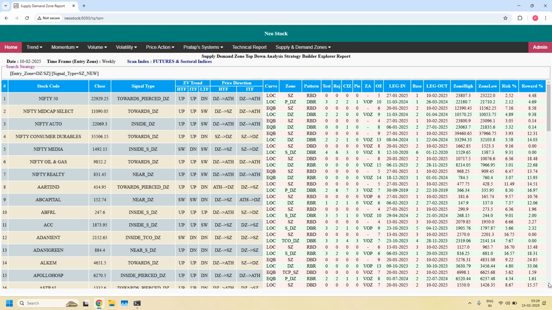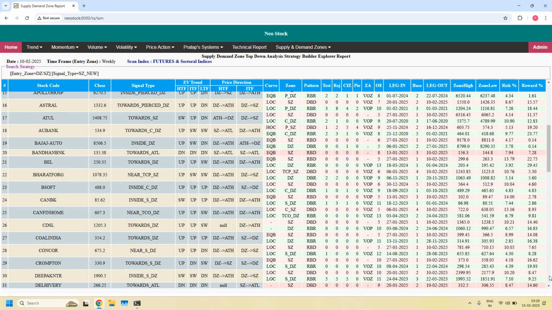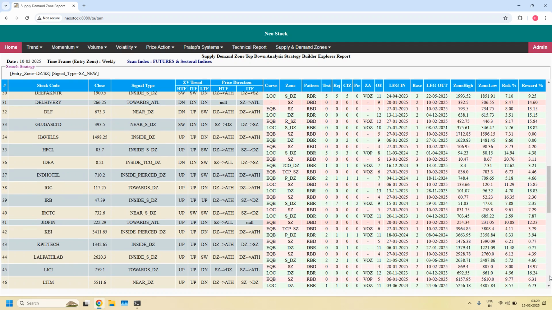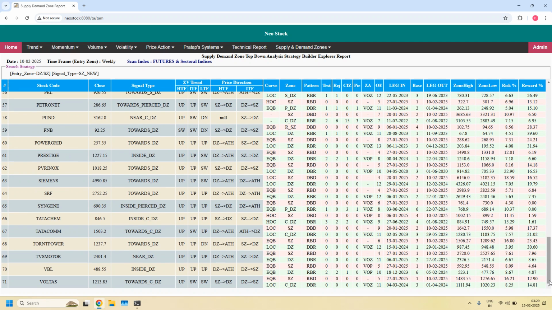So these are the first 15 stocks. I am scrolling the list. So total 71 stocks filtered.